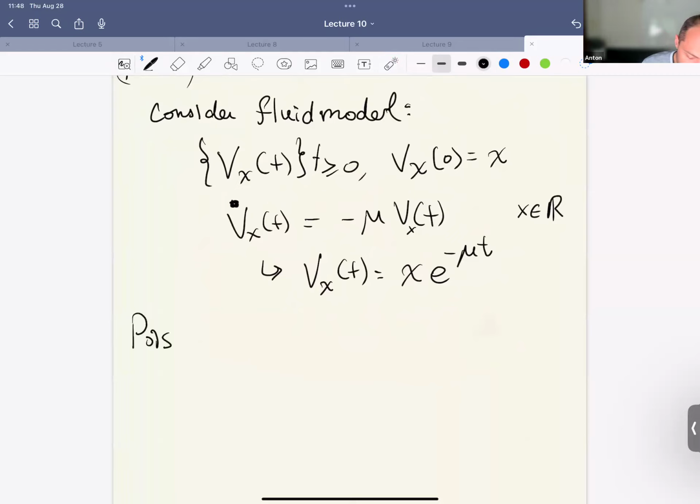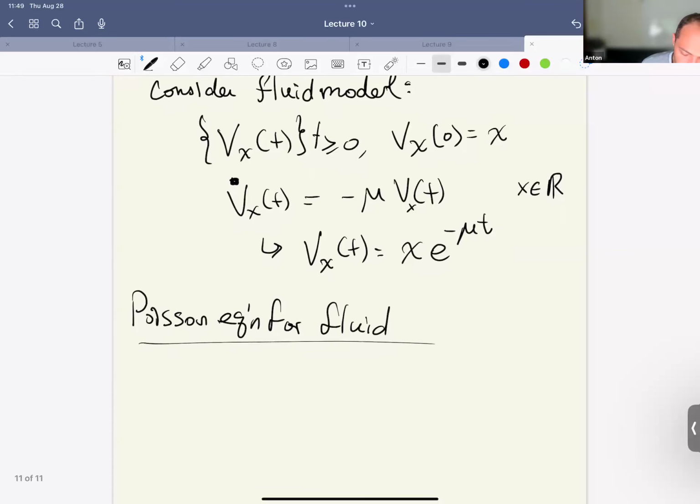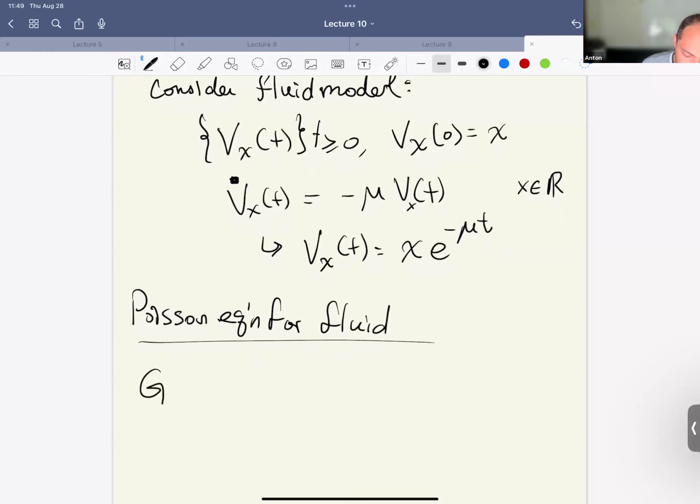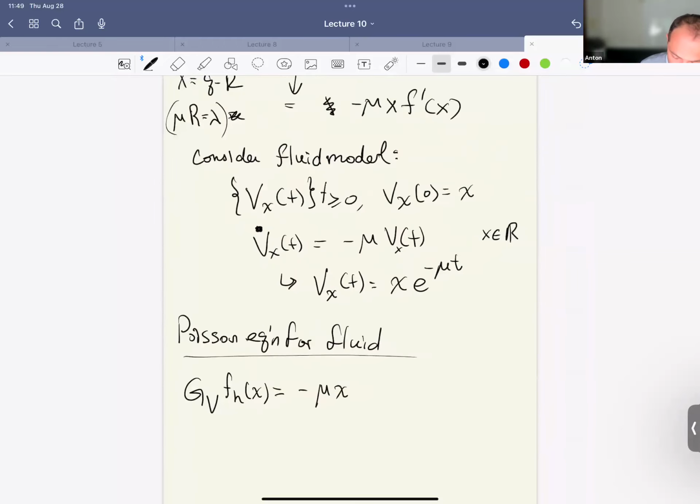First things first, we have the Poisson equation for the fluid. And I don't know what I want to call it. Let me call it G sub V, f sub h of x, which is just negative mu x f sub h prime of x.